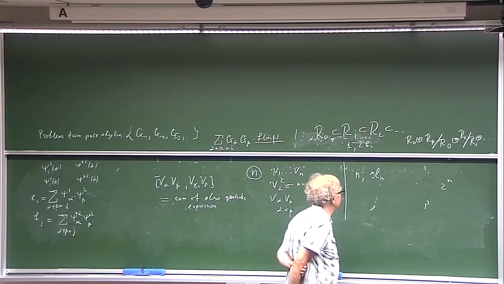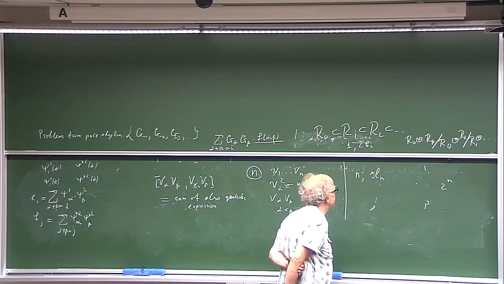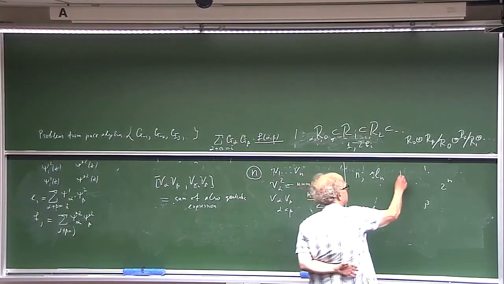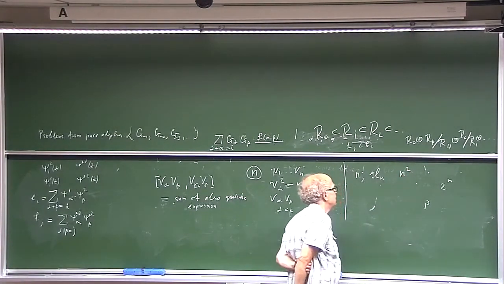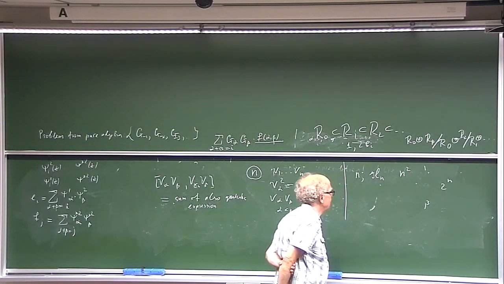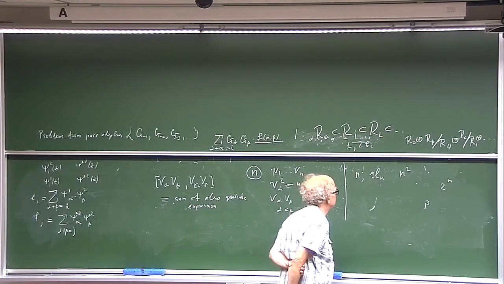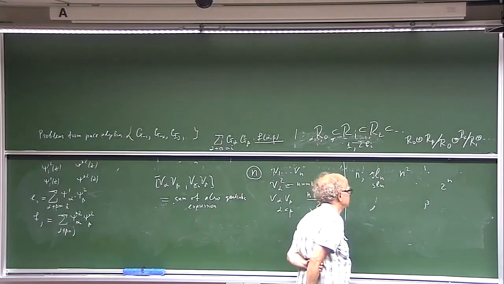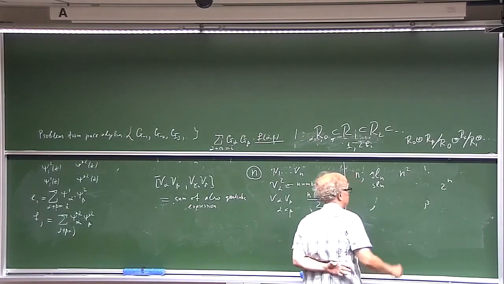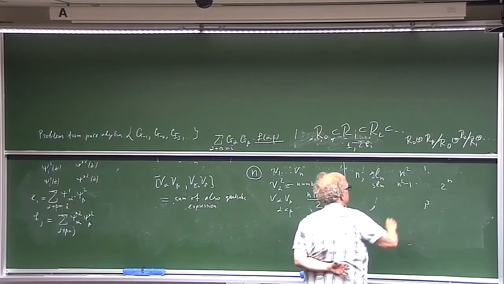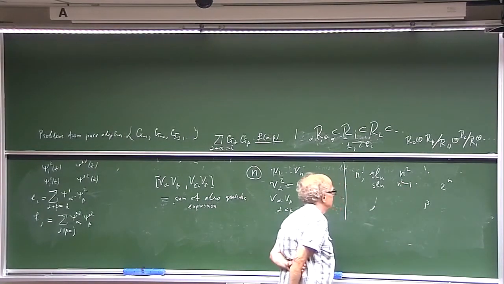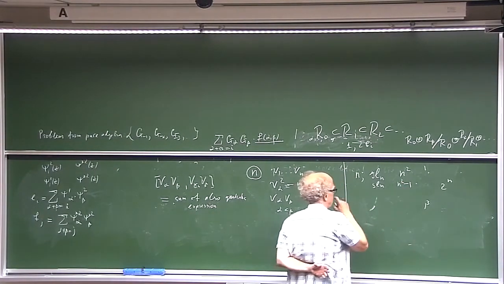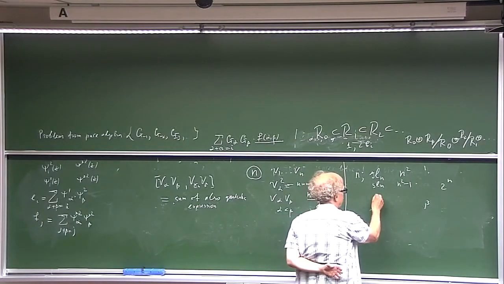It is the n times n matrices, and so this algebra has dimension n squared. And you have also the algebra sl_n. These are matrices with trace 0, of dimension n squared minus 1. But there are also more algebras. One is the orthogonal algebra, and the other is the symplectic algebra.